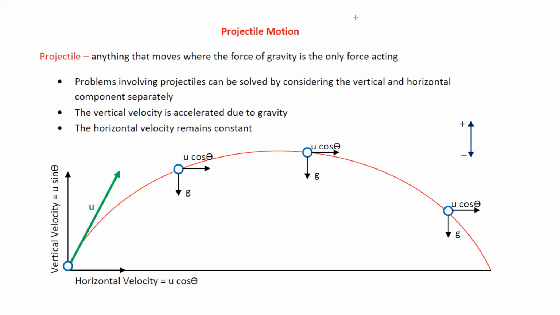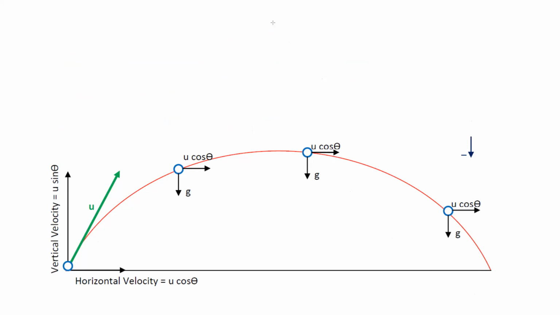So if we sketch a graph to show the horizontal and vertical components of a projectile, a velocity time graph for the horizontal component, the horizontal component remains the same throughout the motion and does not change. So we will have a constant velocity.